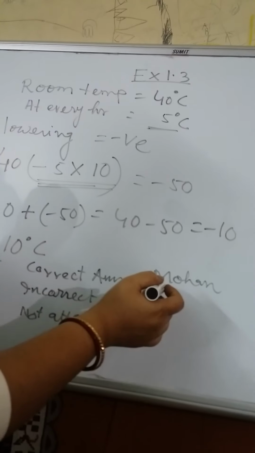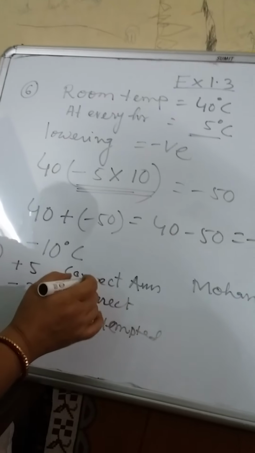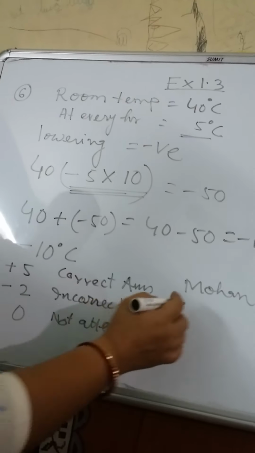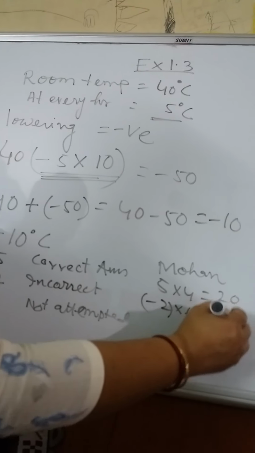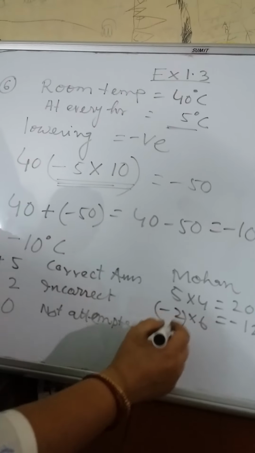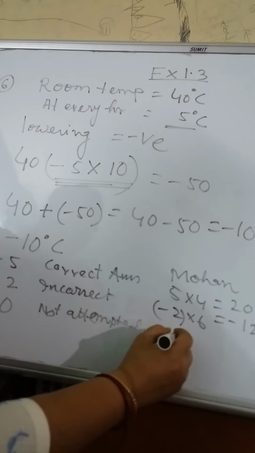What will be the score of Mohan? 4 correct, that means 5 into 4 is 20, and 6 incorrect, so for 6, -2 into 6 is -12. So his score will be 20 plus -12. So 20 plus minus is minus, so 8. 8 will be Mohan's score.